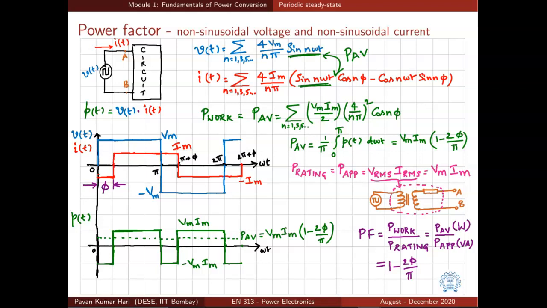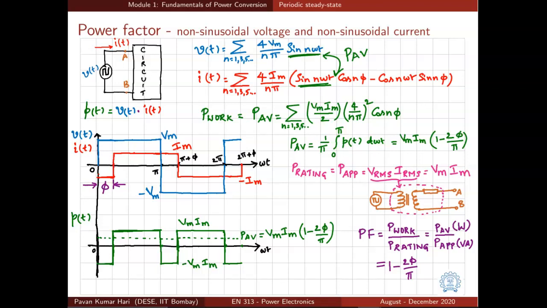And similarly, I of t can also be expressed as a sum of harmonic components. It is equal to sigma n equals 1, 3, 5 and so on, 4 Im by n pi multiplied by sin n omega t cos n phi minus cos n omega t sin n phi.